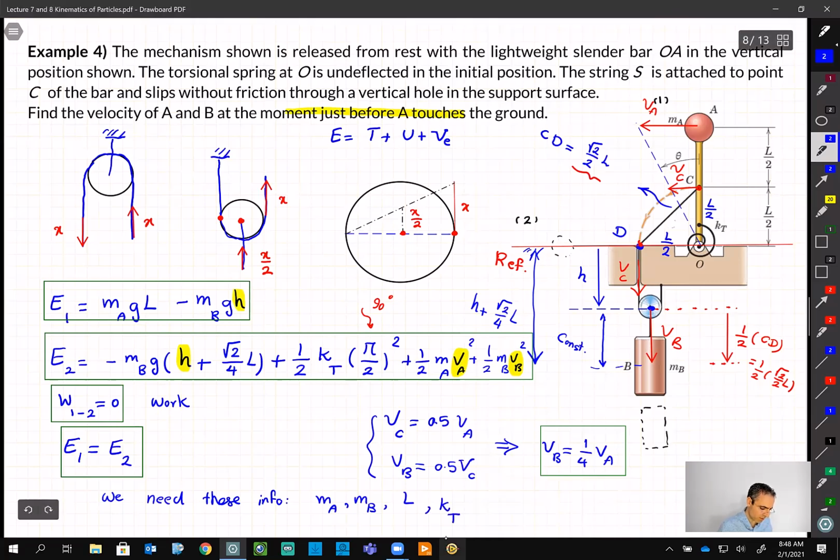This is all we need, which we assume is going to be given by the problem. It will be given by the problem.